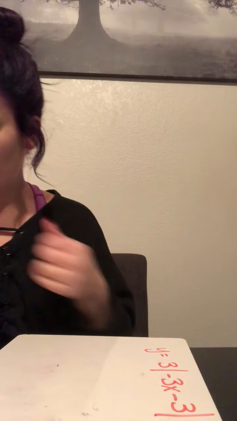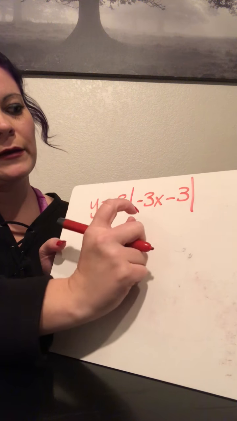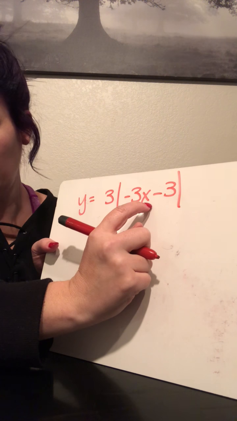Next, let's do another one. So y equals 3 times the absolute value of -3x minus 3. What you want to do here is take out the -3.